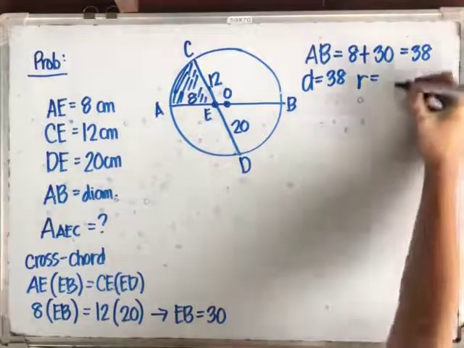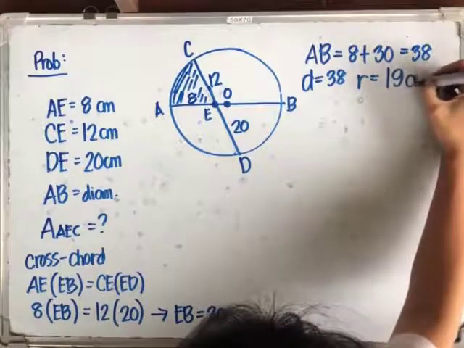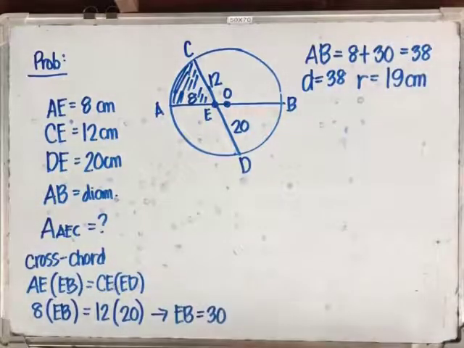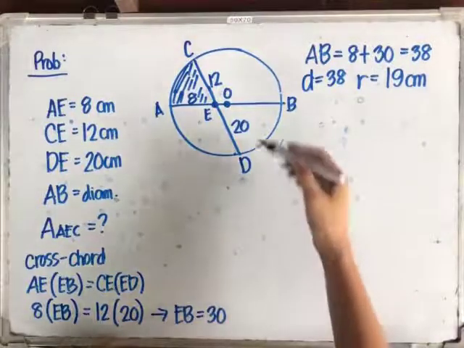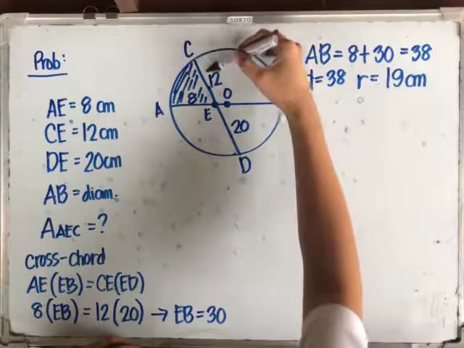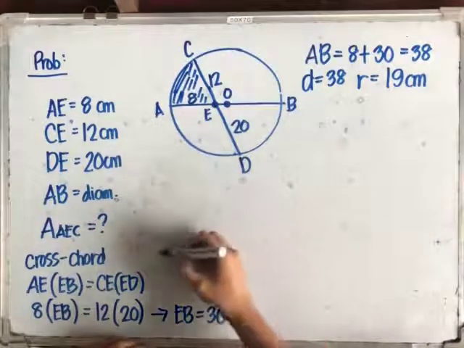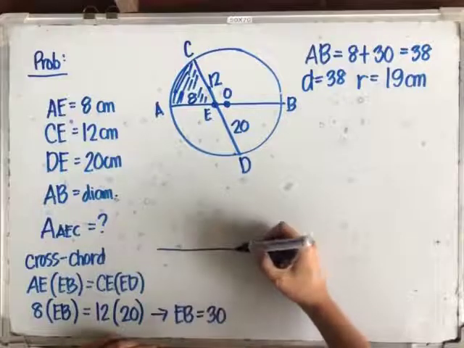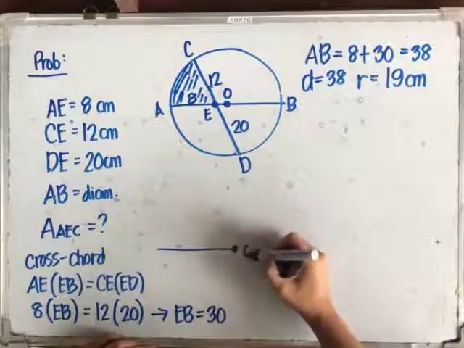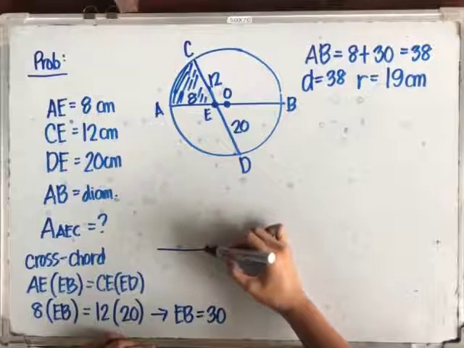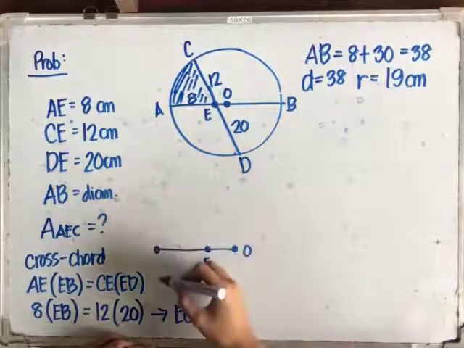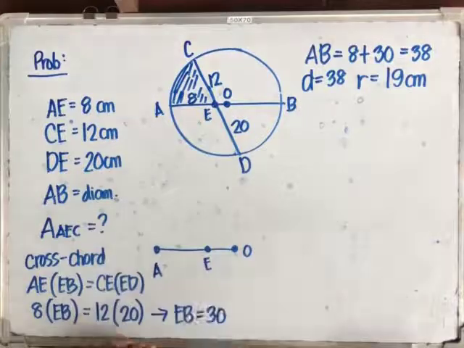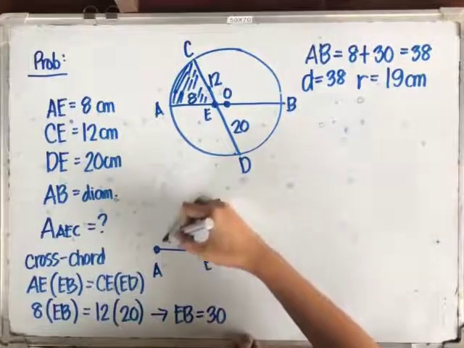Radius would be 19 centimeters. Okay. Anong gagamitan natin ng radius na yan? Okay. Idadraw ko ngayon itong portion na to ng ating circle. Ayan yan, no? Draw ko ganyan. This one is your point O. This one is your point E. This one is your point A. Okay? Draw tayo ng konting arc dito.